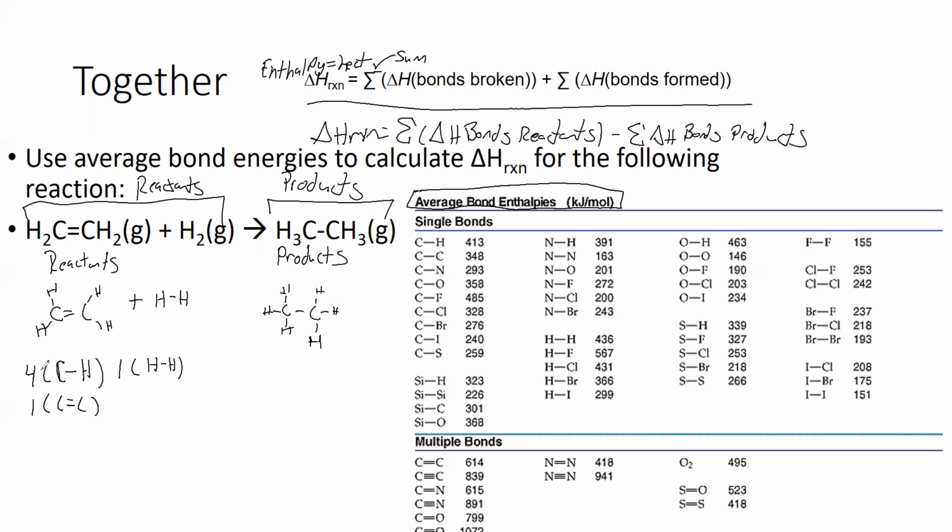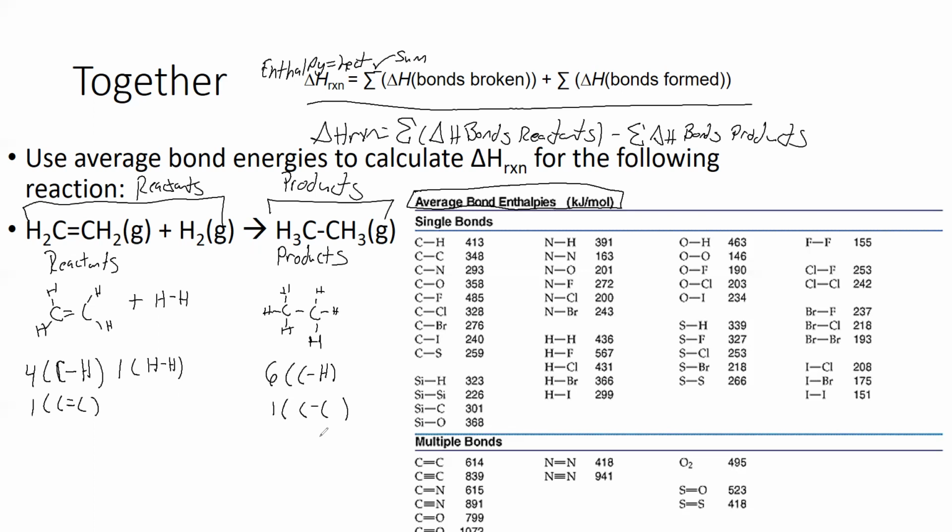So those are the bonds in my reactants. And on the product side, I have 1, 2, 3, 4, 5, 6 carbon-hydrogen bonds. And I have 1 carbon-carbon bond.